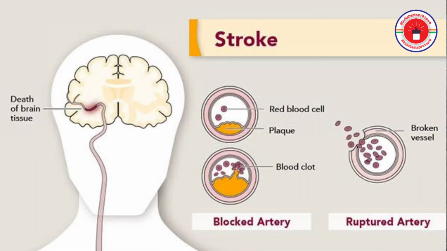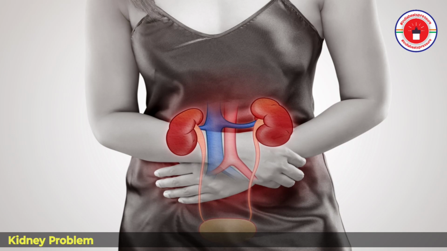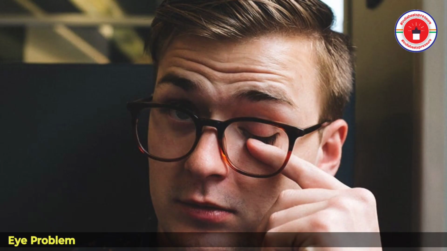It can damage the kidneys. It can also affect your eyes, a condition we call hypertensive retinopathy. So it is important to maintain adequate blood pressure to combat these complications that can happen because of hypertension.